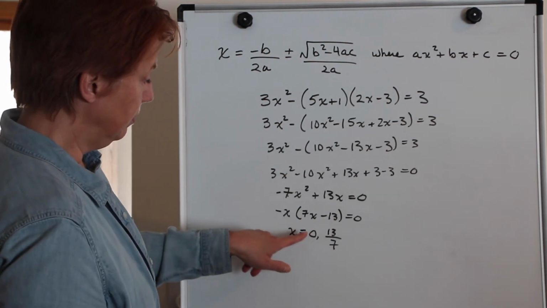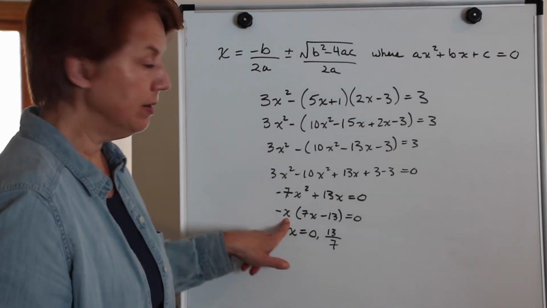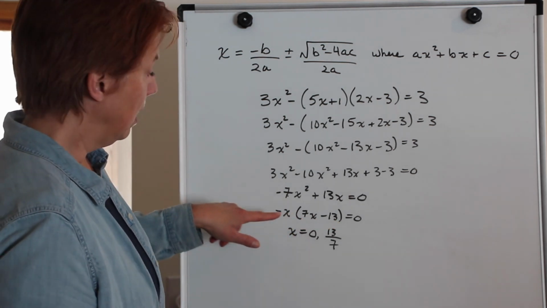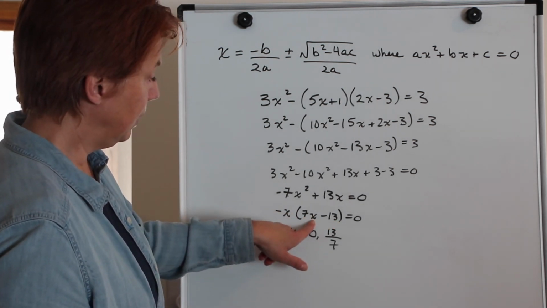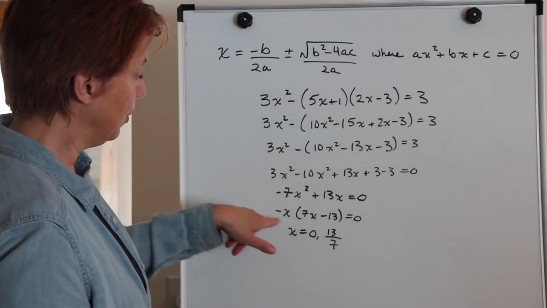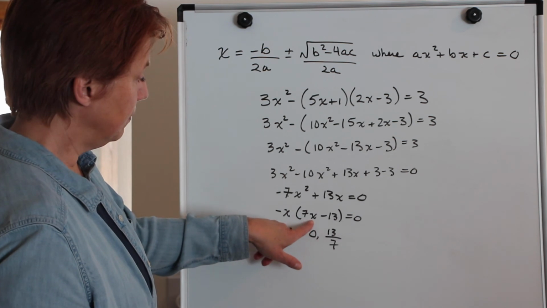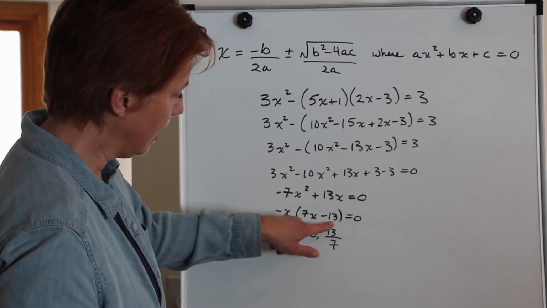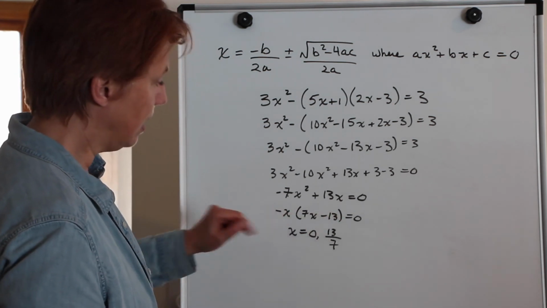So 0 plugged in here makes this entire side equal to 0. And 13 over 7 plugged in here, well, plugged in both places because you have to plug it into both x's. But the 13 over 7 in there makes this bracket equal to 0. And because this bracket is 0, the whole side is 0, right?